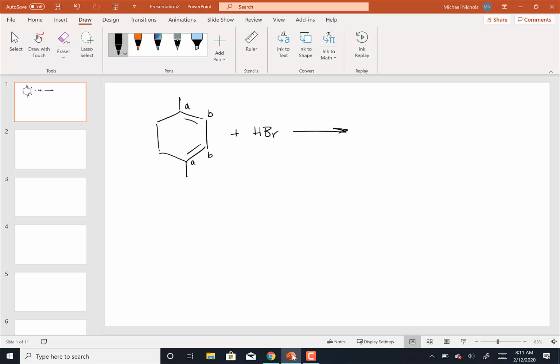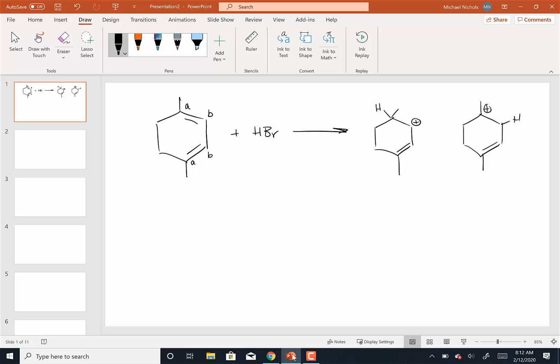Okay, so I see 1s, I also see 2s. So let's write both of them out. Let's add the H to A with the plus charge on B, and then let's write the H on B with the plus charge on A.